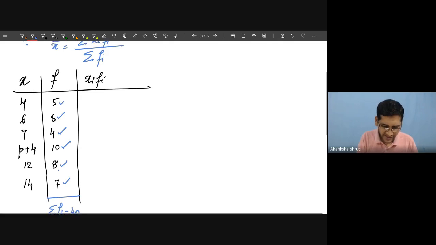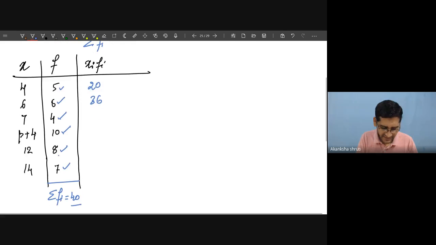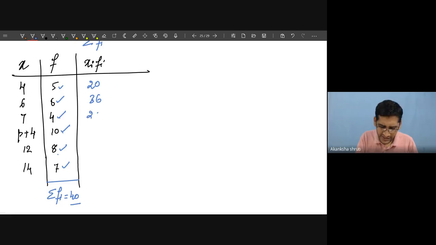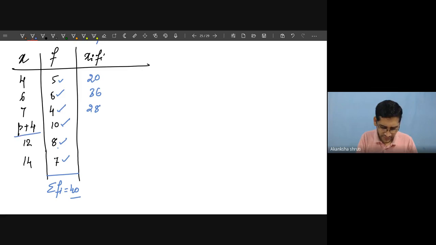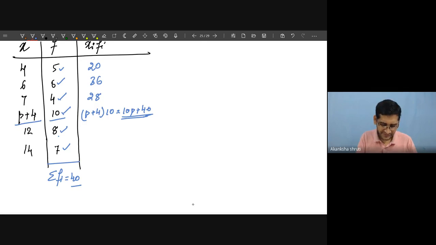5 4s are 20, then 6 6s are 36, 7 4s are 28. This is your P plus 4 multiplied by 10. So be careful while handling this. Keep it in the bracket, then multiply by 10. This is equivalent to 10p plus 40. So we can use this 10p plus 40.